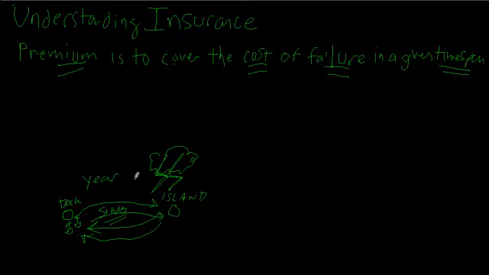Let's just say in a given year, on this particular dock and island, there are 100 boats making trips to the island, to the dock, and back and forth. And in a given year, one boat sinks. So this is a basic example. The odds of your boat sinking are 1 in 100, so roughly 1%.